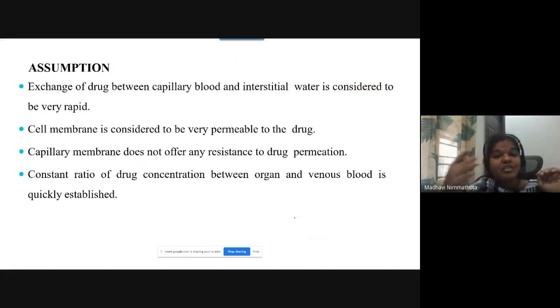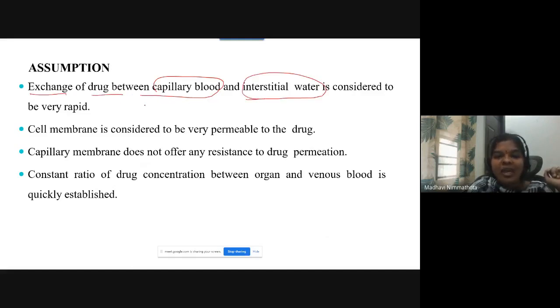What are the assumptions which are useful for this pharmacokinetic calculation? There is an exchange of drug between the capillary blood and the interstitial water. The drug will be exchanging between the capillary blood and interstitial water. It is considered to be very rapid, and the cell membrane is considered to be very permeable to the drugs.